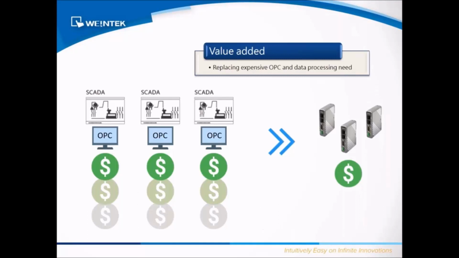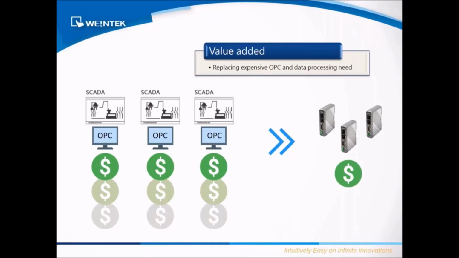And also, some customers that I have met have a very strong image that if your system wants to support OPC, then you need to have one industrial PC with Windows installed, and then you need to buy an OPC server from some OPC server vendor and install the server on it.